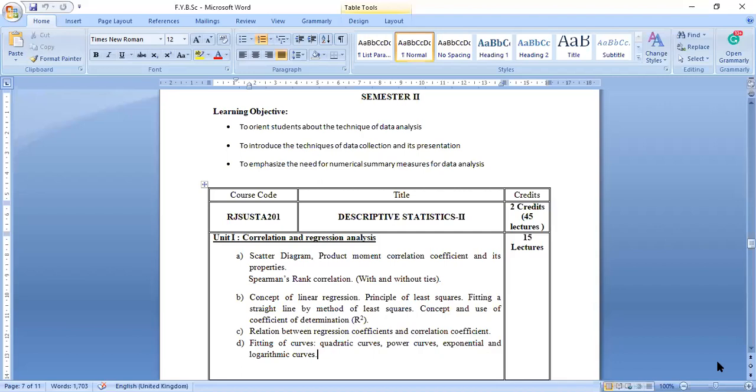Is there a positive relationship, a negative relationship, or no relationship? And if this relation exists, then can I get height when weight is given to me? Or vice versa, weight is given to me, can I get height? Or height is given to me, can I get weight?